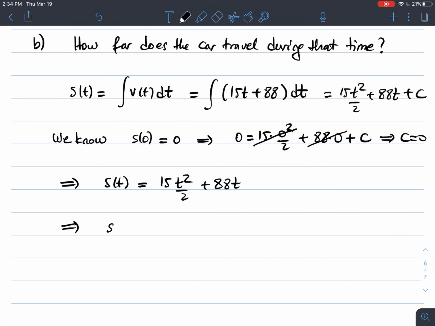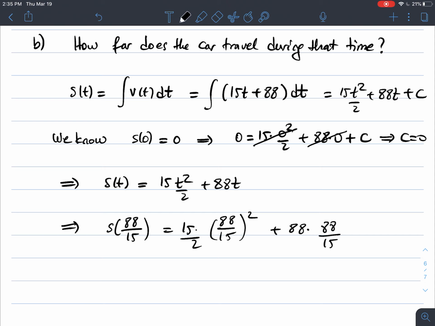So s of 88 over 15 is equal to negative 15 times (88 over 15) squared times 1 over 2 plus 88 times 88 over 15. Alright, so if you do that calculation, let me just double check, this is approximately 258 feet.